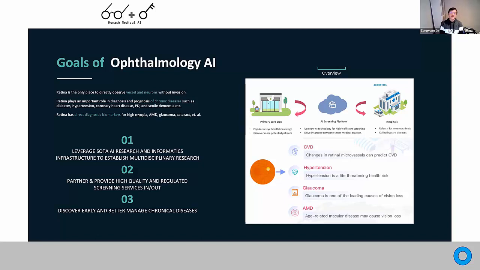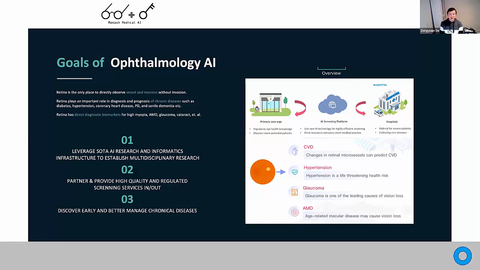For some chronic diabetes patients, you will see something called DR, diabetic retinopathy, at the back of the retina. For some hypertension, you will see manifestations and symptoms on the vessels and arteries at the back of the eye, and also potentially coronary artery and heart disease, PD, and dementia, those chronic neurodegenerative diseases.